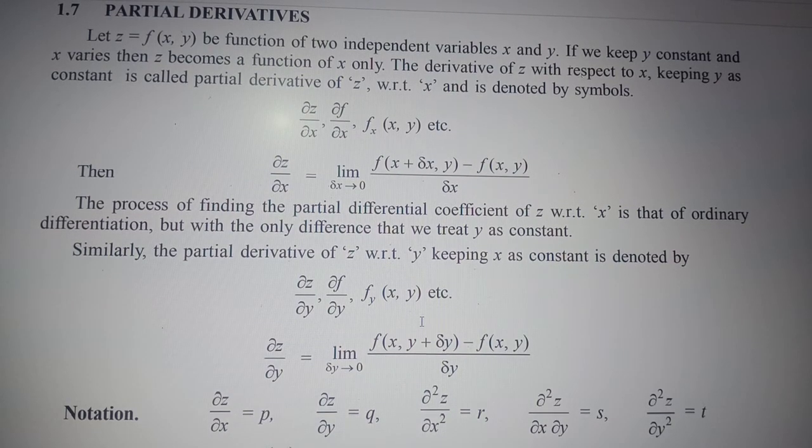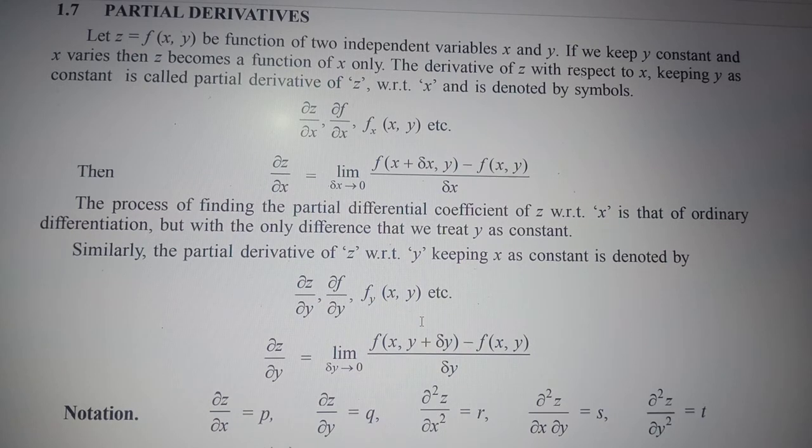That is, dou z by dou x is equal to the limit as delta x tends to 0 of f of x plus delta x comma y minus f of x comma y, divided by delta x. The process of finding the partial differential coefficient of z with respect to x is that of ordinary differentiation, but with the only difference that we treat y as constant.